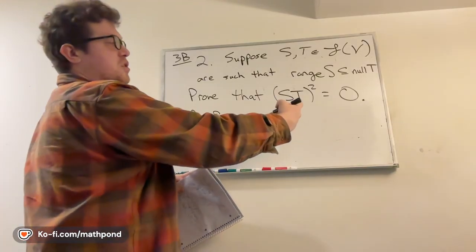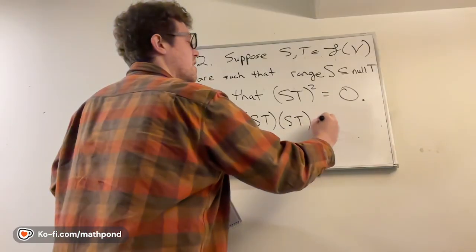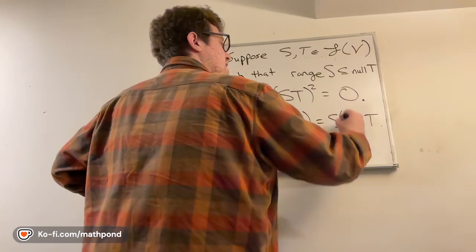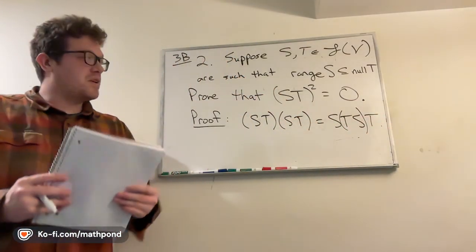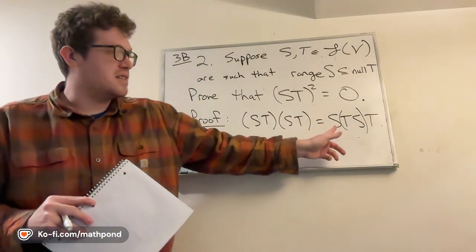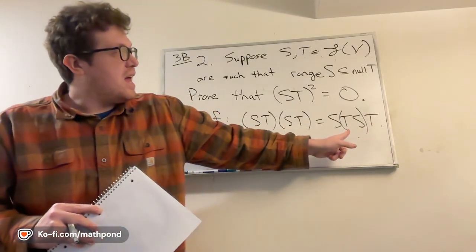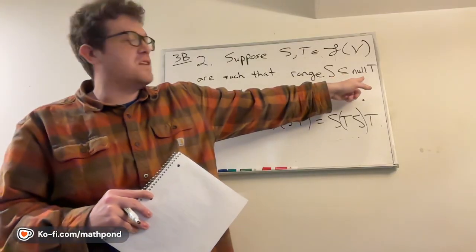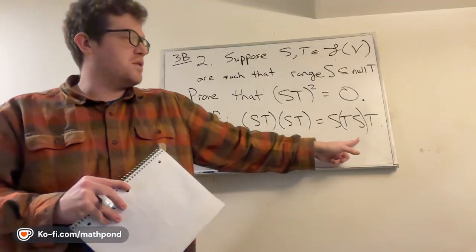So ST squared is really like ST composed with ST, which is really just ST, ST. And I can use the associativity property to associate the product in any way I want, right? So ST squared is the same thing as S times S times T. And what is T times S? Well, I know the image of S is inside of the null space of T, so all of the vectors in the image of S get sent to 0 by T. So this whole thing is just 0.